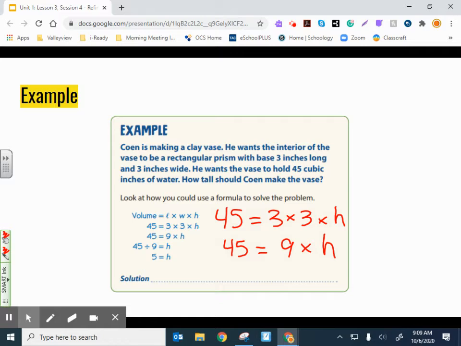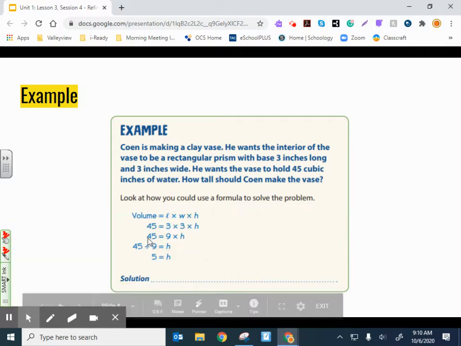To solve this for the height, just ask: 9 times what number gives you 45? Right away you're probably thinking 9 times 5. So our height is 5 inches, and you've just done some beginning algebra. Over here it shows you how to divide, but I just want to set you up with a simple explanation and not get division involved just yet.